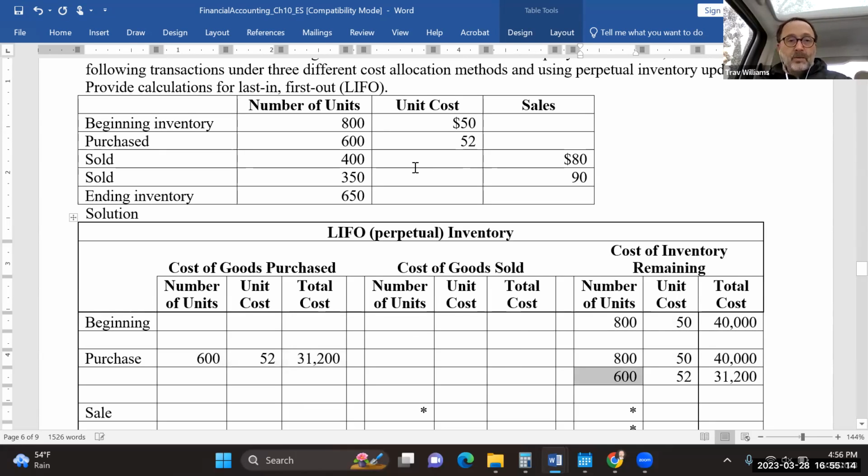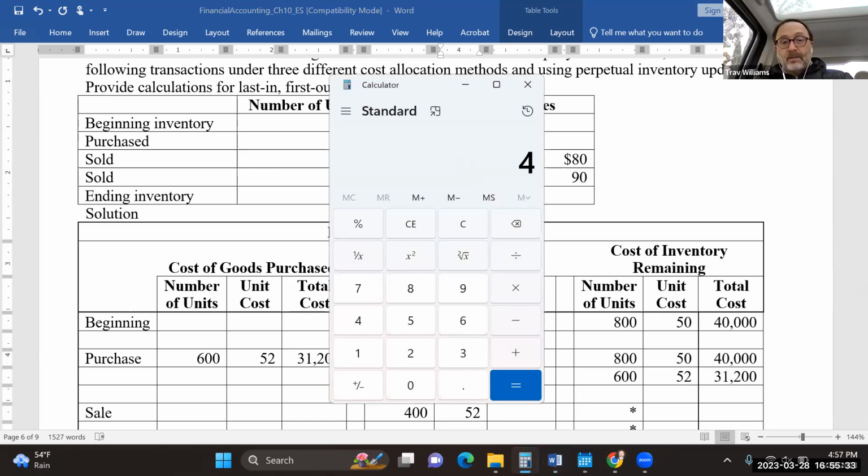Now, when we make our first sale, 400 units, and now because we're doing LIFO, we take it out of the last batch of inventory. So that's a cost of $52 each. Okay, 400 units, $52 each is $20,800.